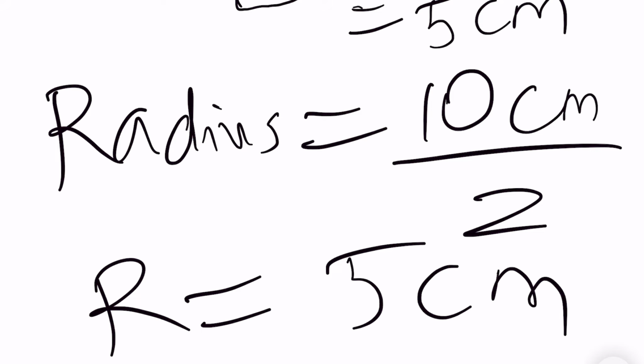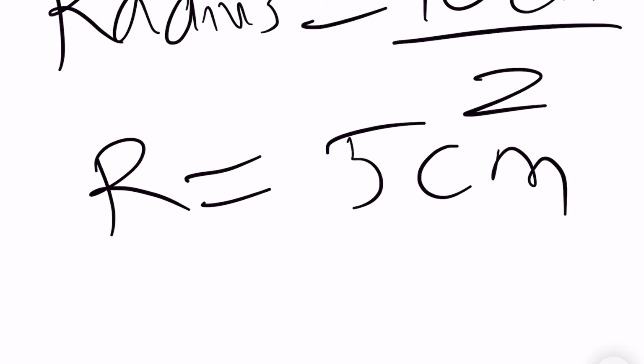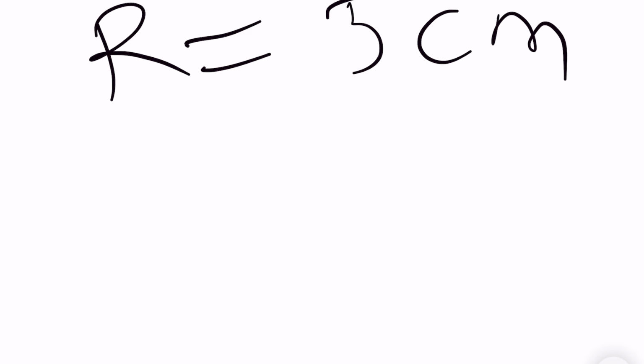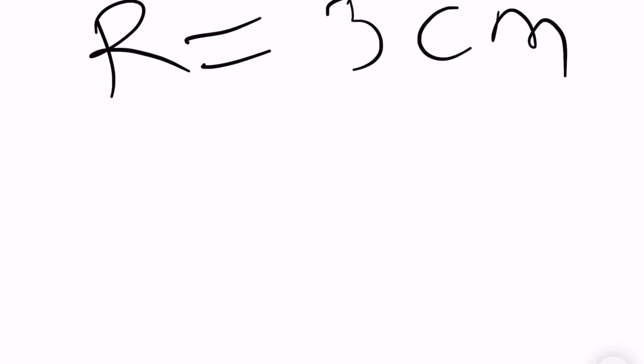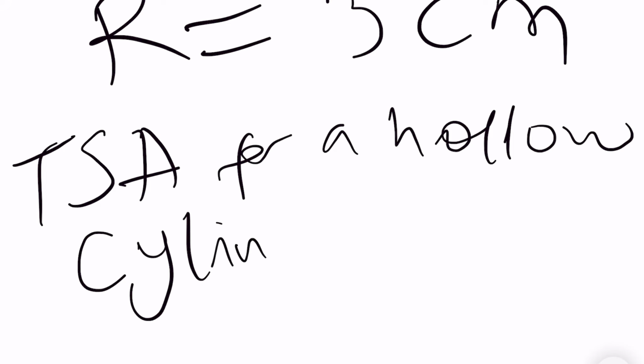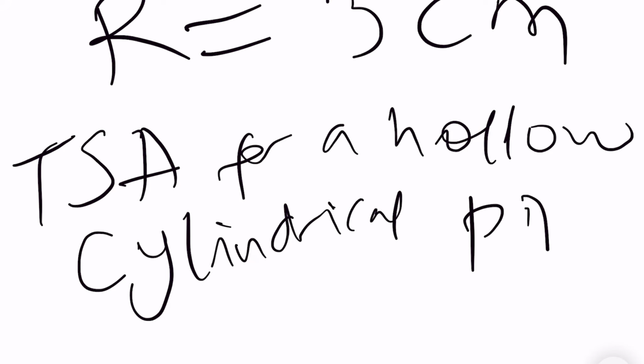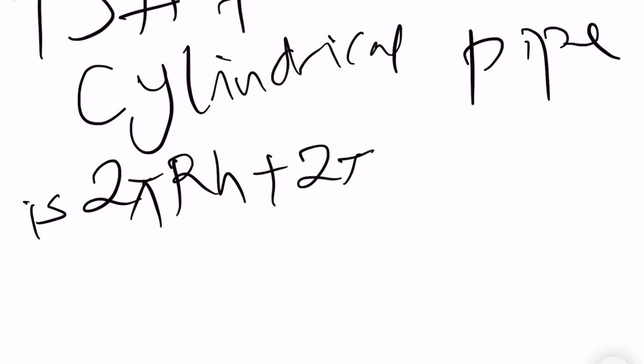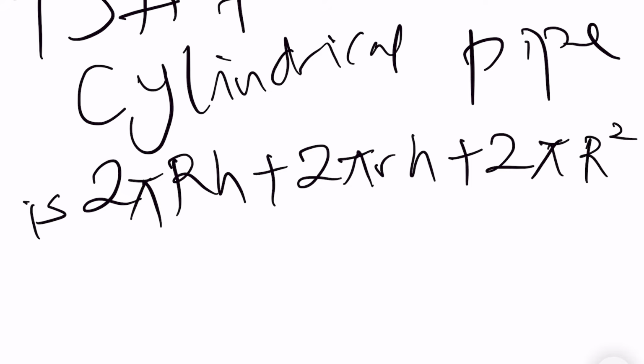So to find the total surface area, our formula for the total surface area of a hollow cylindrical pipe is 2 pi RH plus 2 pi rh plus 2 pi R squared minus 2 pi r squared.